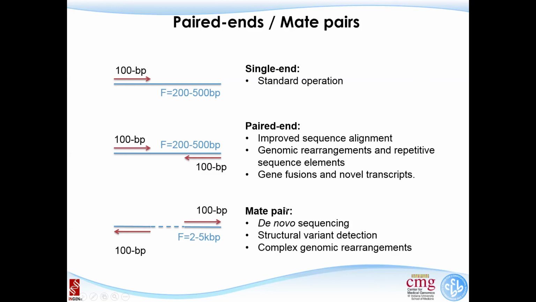But for the mate pair, it is a very long range, and the DNA molecule is normally somewhere from 2,000 to 5,000 bases. The second difference is directionality: you are not sequencing in this direction, you are sequencing this direction, from here to here. That is the mate pair.